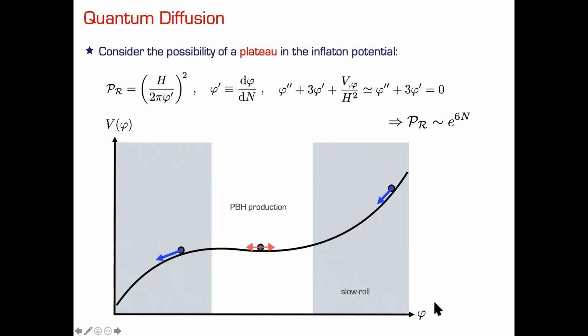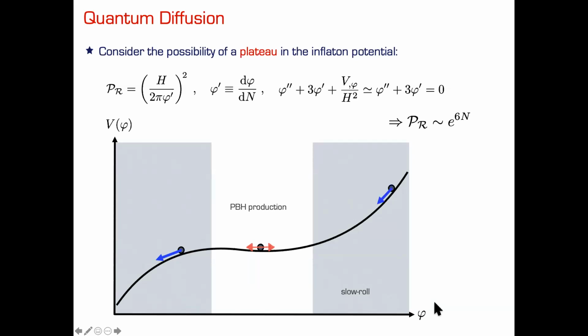So you have the derivative of the potential, and if the potential is flat, so if you have a piece of the inflationary potential which has this plateau feature here, then before you have your slow roll phase where you have some small quantum fluctuations rolling down, and what happens when it reaches this flat part or inflection point? Then if it's really flat, the derivative of the potential is zero by definition, leaving you with phi double prime plus 3 phi prime equal to 0.